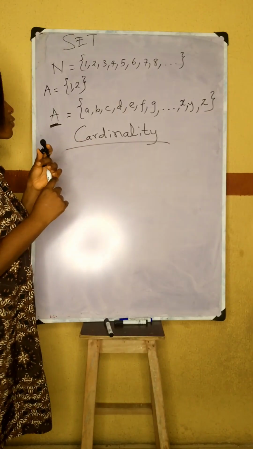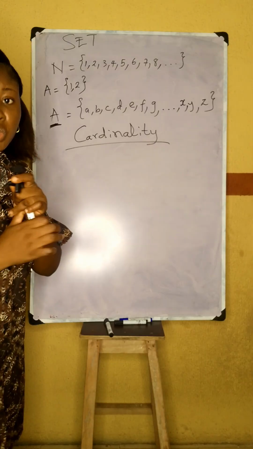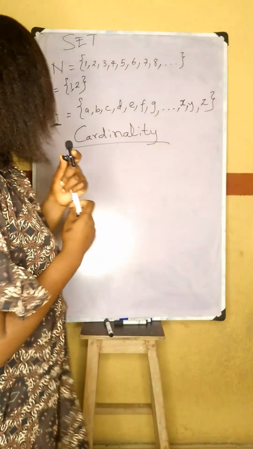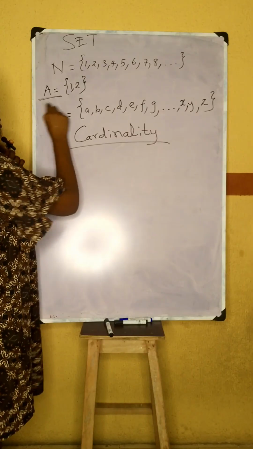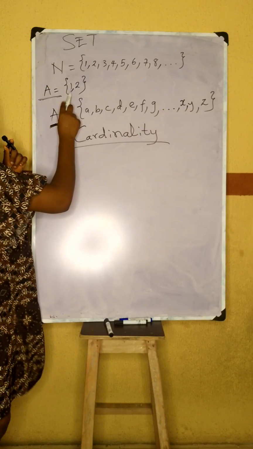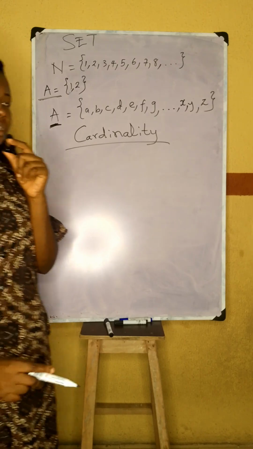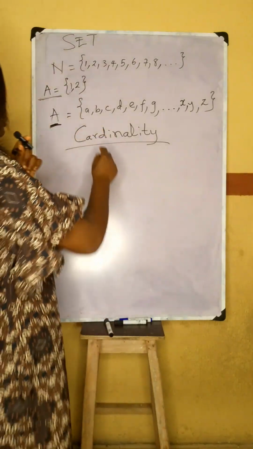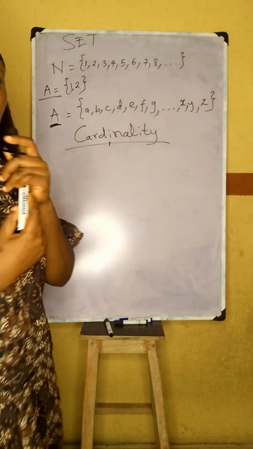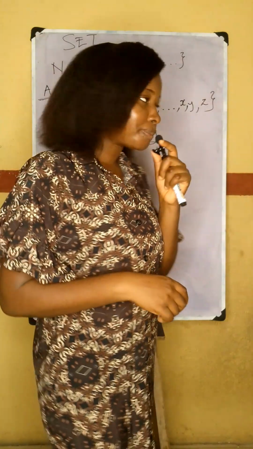That means the cardinality of A is 26, because we know we have 26 letters of the English alphabet. And then here, this other A is 2. We have 2 elements in A. So the number of elements in A, that's the cardinality, is 2. So when you hear cardinality, it is talking about the number of elements in a set.